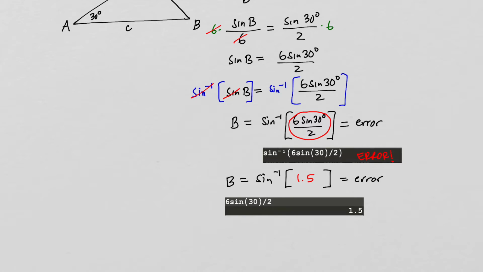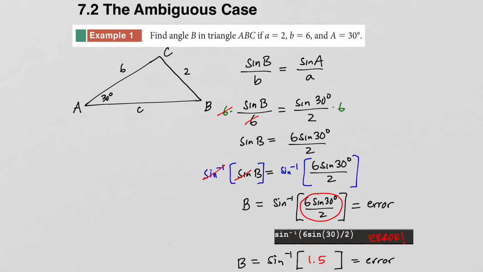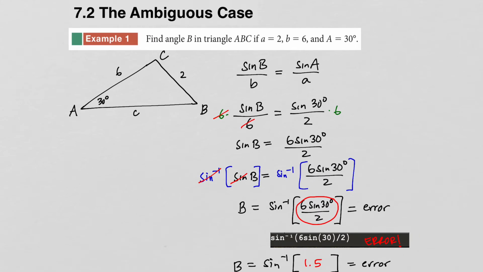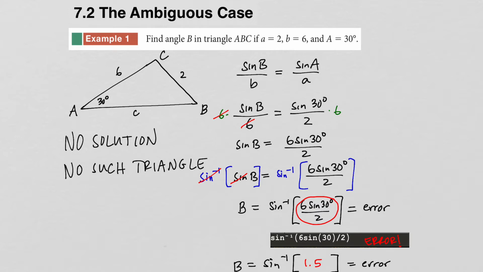So what that ultimately means in the context of this problem is that this triangle has basically no solution, right? You cannot solve for an angle B. And what that really means is that there is no such triangle that can exist that has the information given at the beginning of the problem.